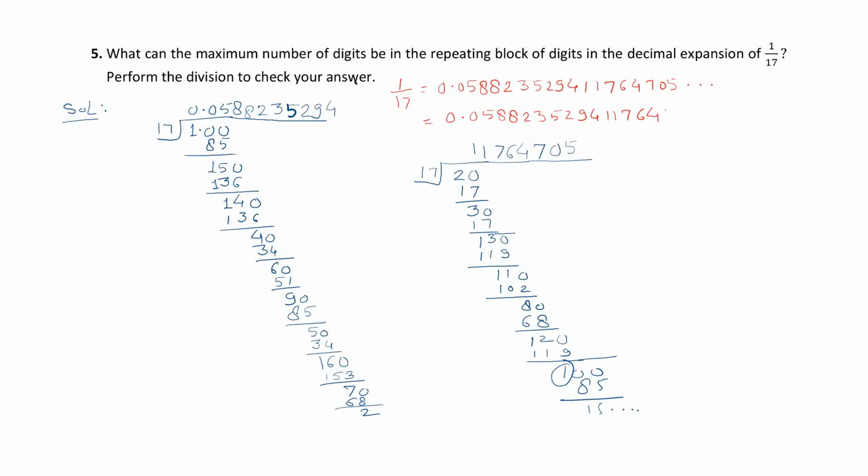So this is the repeating block: 0.8823529411764705. How many digits are there in the repeating block? 1, 2, 3, 4, 5, 6, 7, 8, 9, 10, 11, 12, 13, 14, 15 and 16.